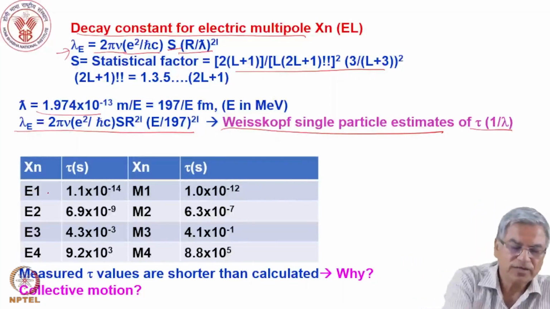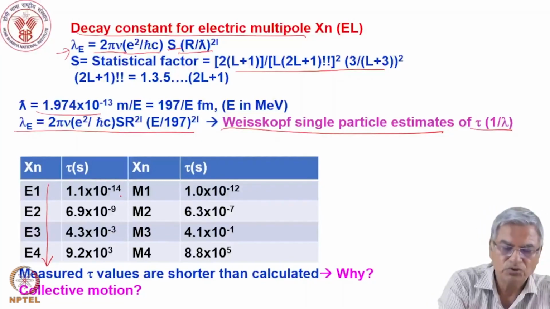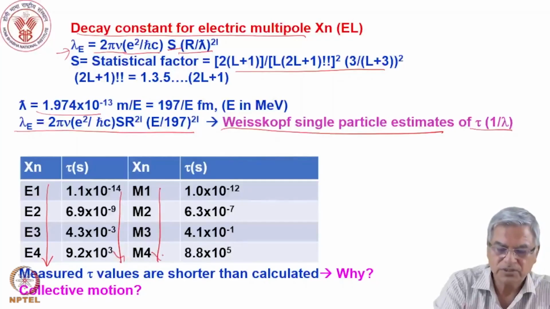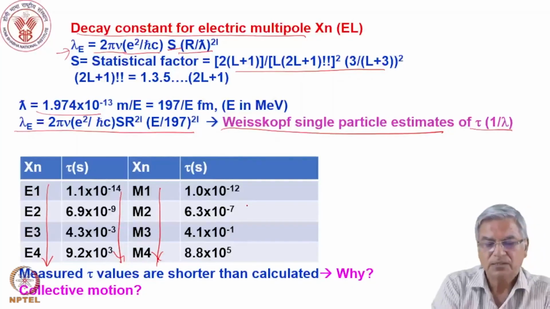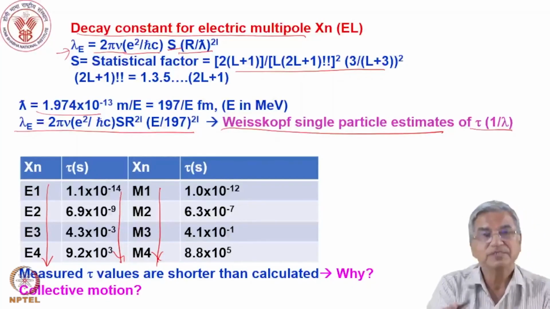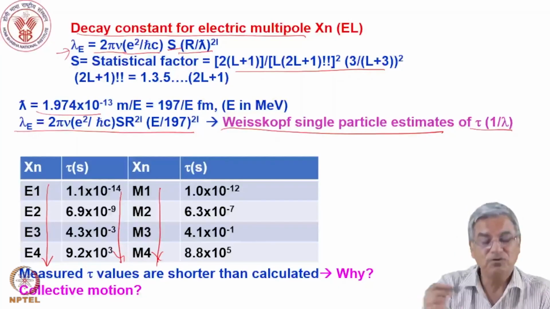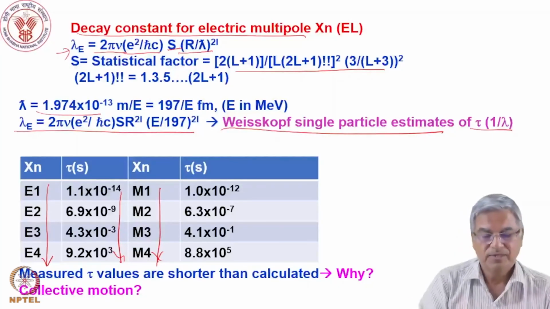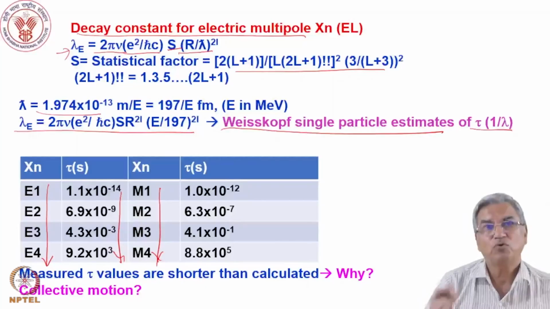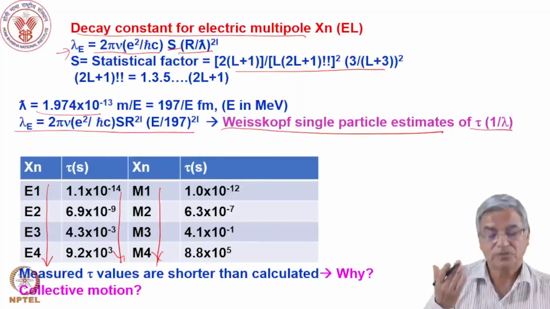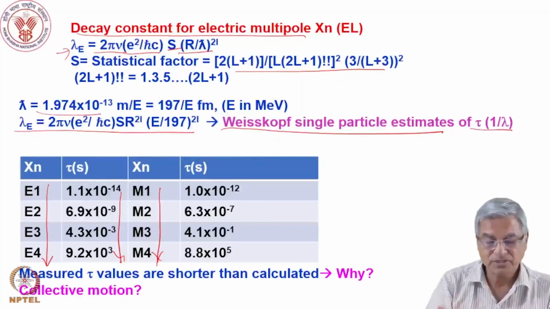For different electric transitions E1, E2, E3, E4 you can see the tau values here, and for the magnetic transitions they are here. The tau values are higher for magnetic transitions, which means the lambda values are smaller, so magnetic transitions are weaker than electric transitions.